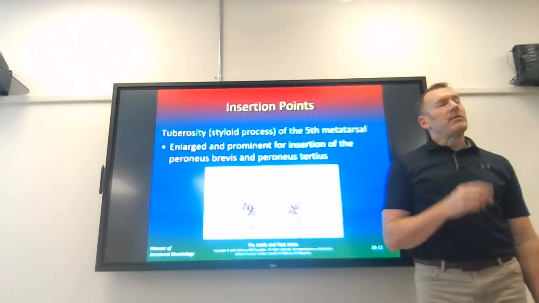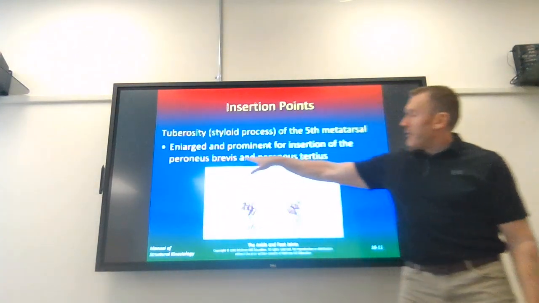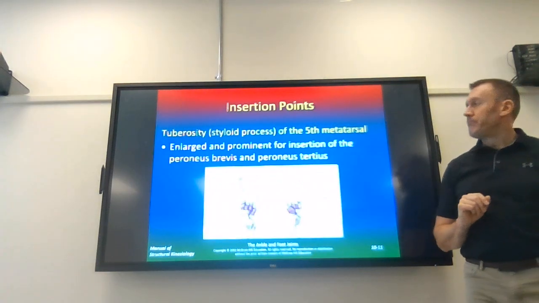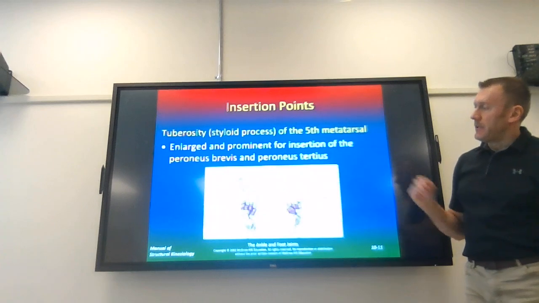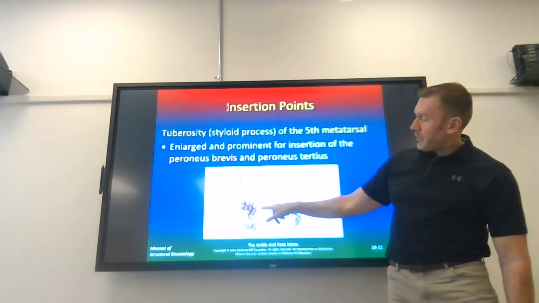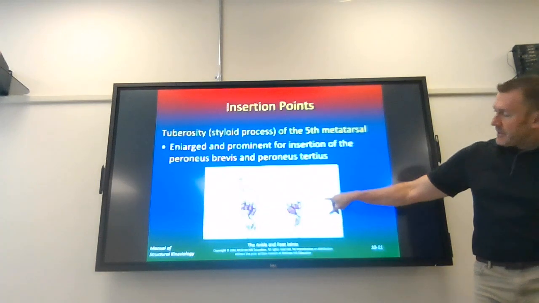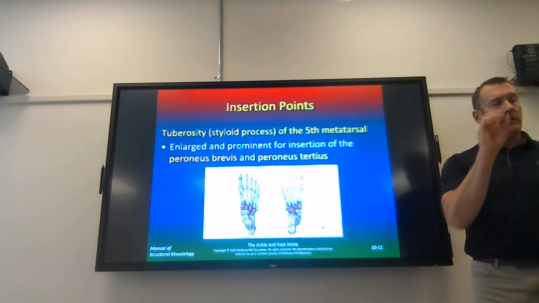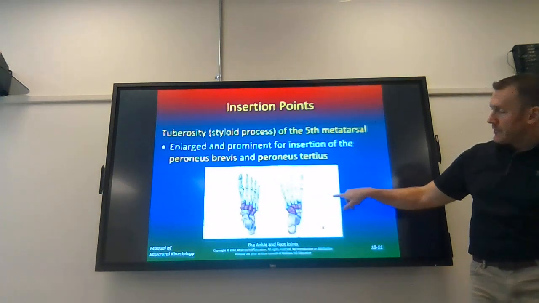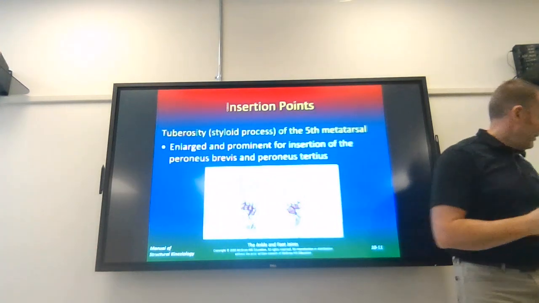And so that provides an insertion point for the peroneus brevis and peroneus tertius. So you could pick a color for that one, just put a dot right there, and then maybe make a key over here that you write in that same color, peroneus brevis, peroneus tertius, and wherever you want to put the key to your colors.